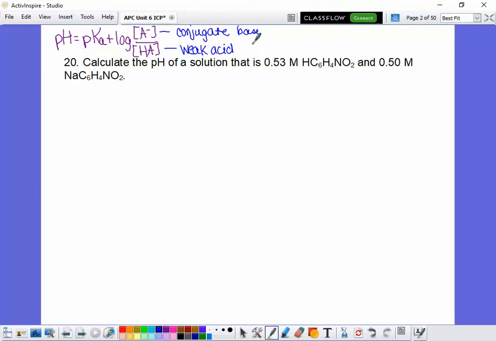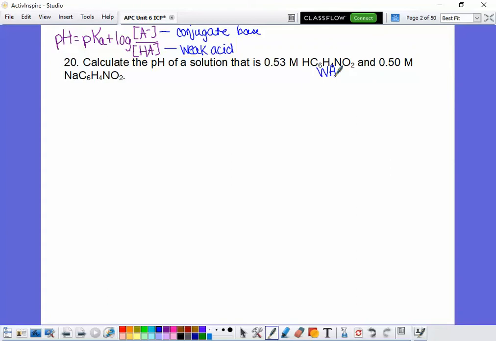So let's look at this problem. We have a buffer system, a solution that's 0.53 molar HC6H4NO2 and 0.50 molar NaC6H4NO2. Let's identify what our two substances are. HC6H4NO2, what do you think that is acting as? That's my weak acid.